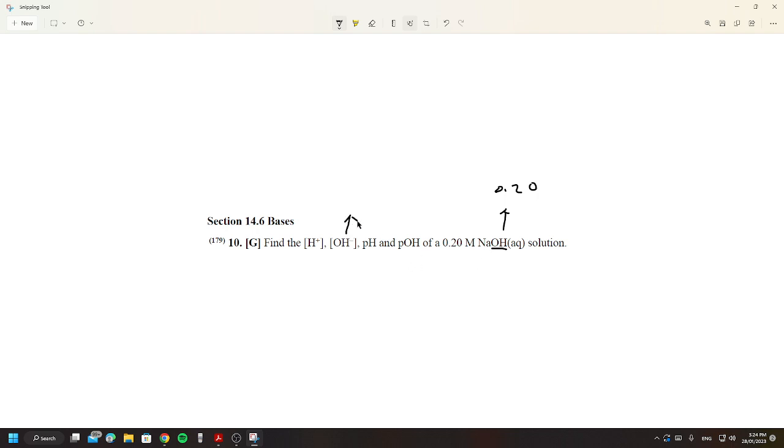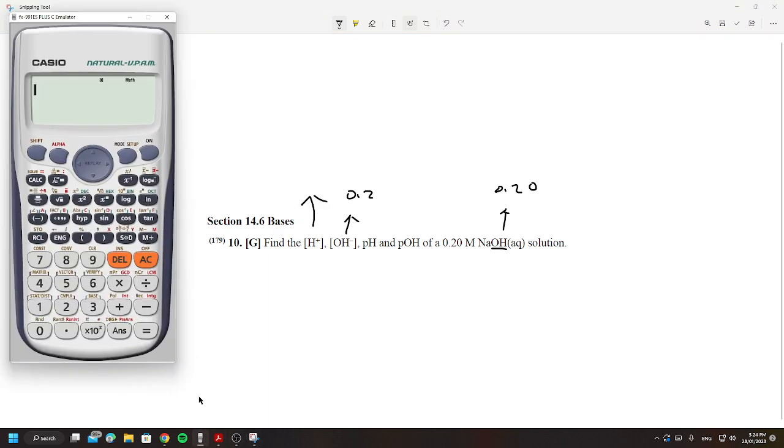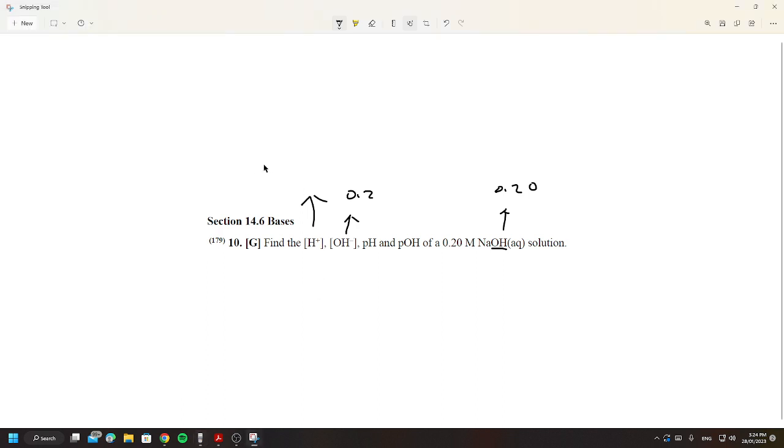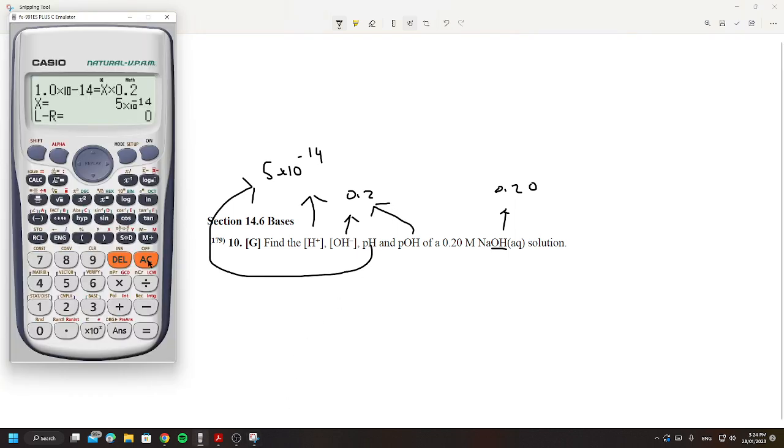Now we apply the Kw relation to find the H plus concentration. 1.0 times 10 to the power negative 14 equals the concentration of H times the concentration of OH, which gives 5 times 10 to the power negative 14. Now to find the pH, you just do negative log of this. To find pOH, you do negative log of the OH concentration.